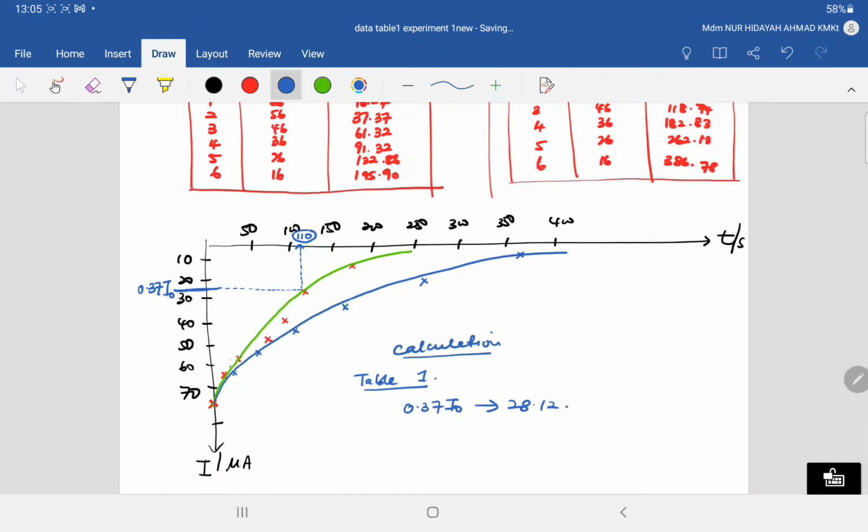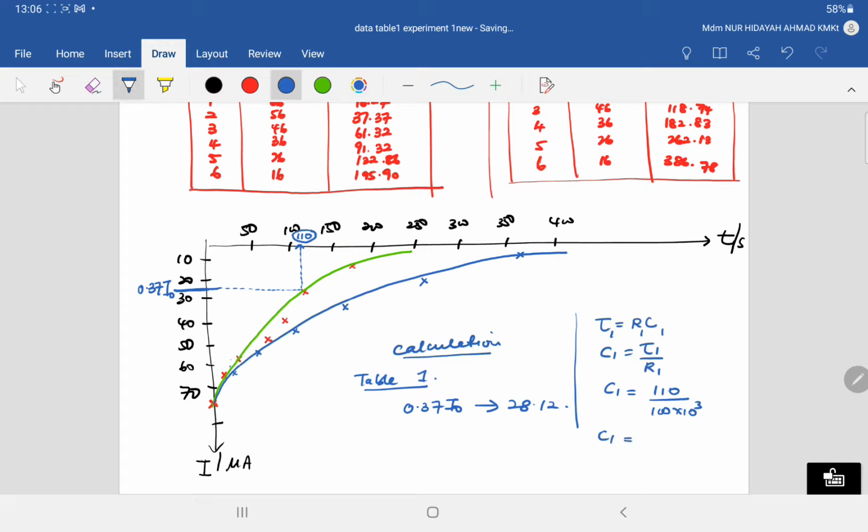We know that tau is equal to RC, so tau 1 equals R1 C1, so C1 equals tau 1 over R1. Tau is 110, R is 100 kilo ohm.